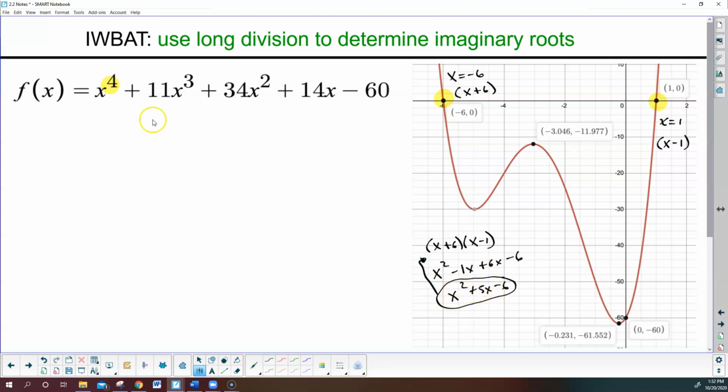So why not just take f of x and divide it by x squared plus 5x minus 6? And that's our goal, is we're going to use long division to help us basically get rid of the two factors that we already know.